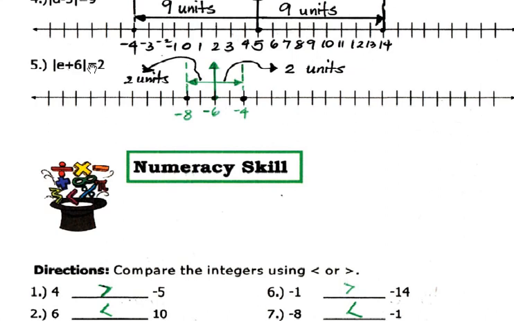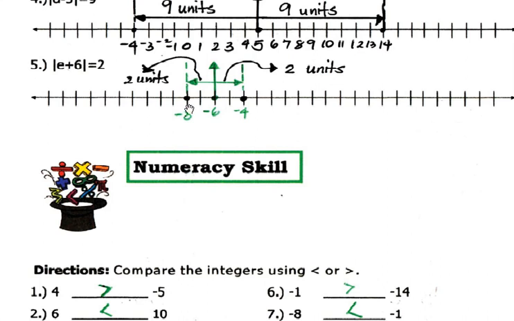Now for number 5, absolute value of E plus 6 equals 2. Here, E plus 6 means we fix the point at negative 6. Then we move to the right 2 units. If this is negative 6, the next one is negative 5, next one is negative 4. Going to the left, this is negative 7 and this is negative 8.